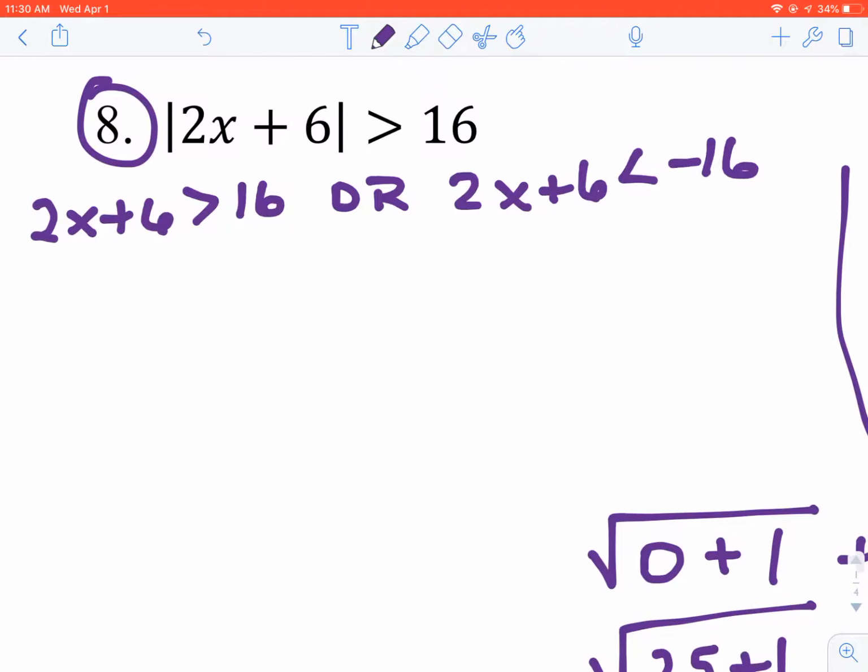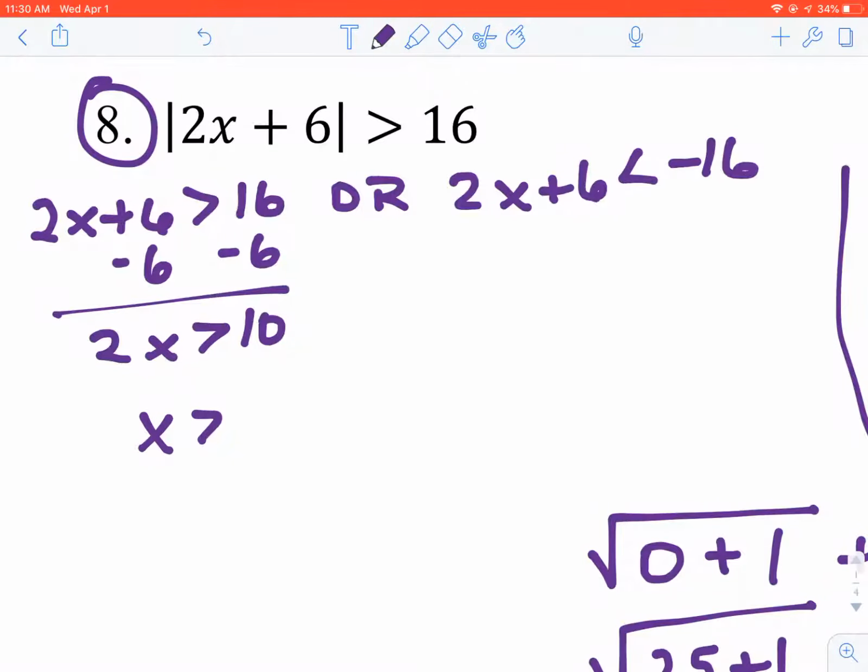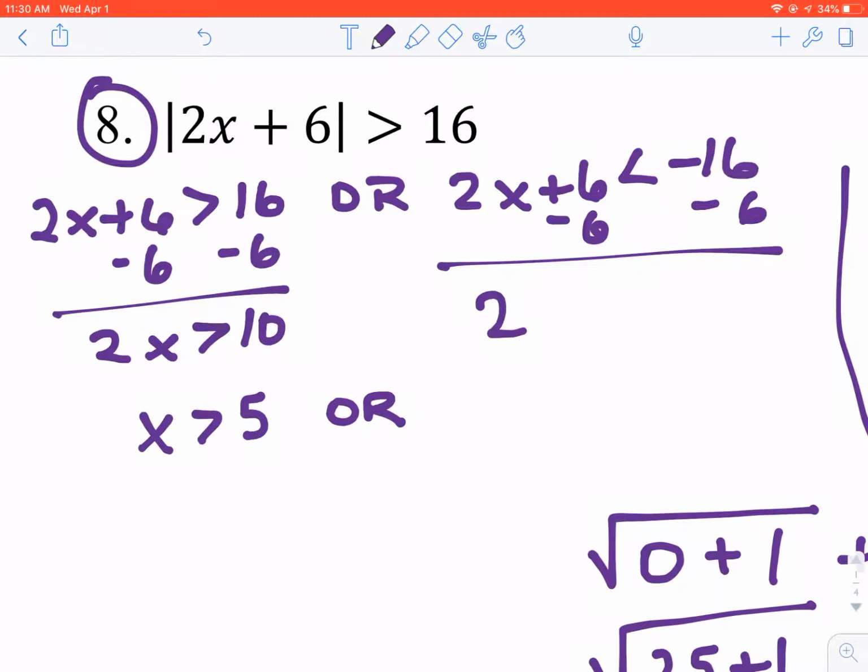So subtract 6. So I have 2x is greater than 10. So x is greater than 5. Or subtract 6. I get minus 22. So 2x is less than minus 22. So x is less than negative 11.